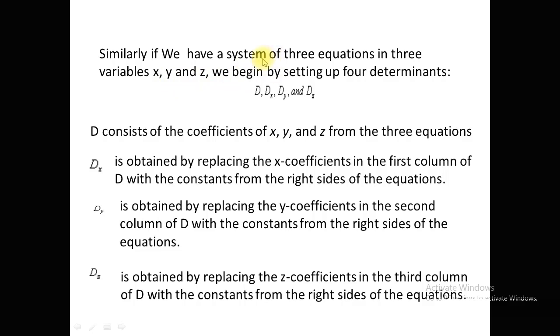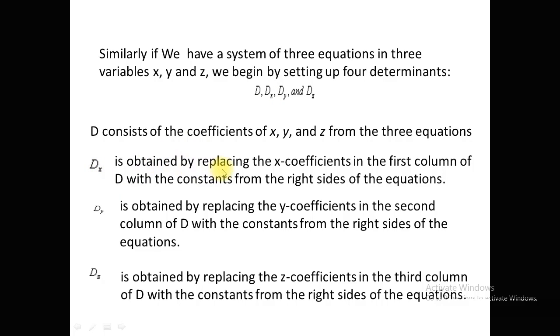We obtain, by setting up 4 determinants, the solution of the system of linear equations by Cramer's rule. First of all obtain the determinant D, which consists of the coefficients of x, y and z from the given 3 equations. Then obtain the determinant Dx for the value of x.